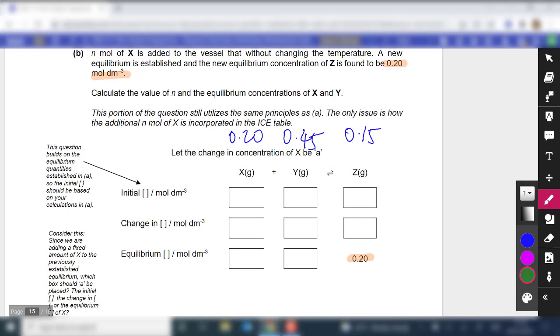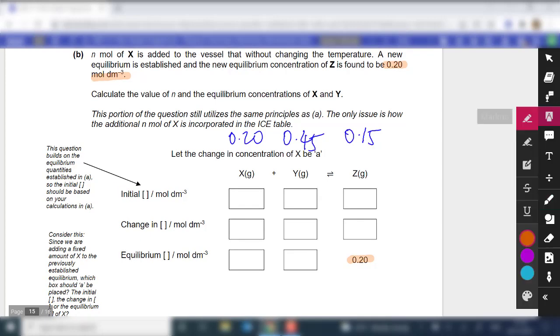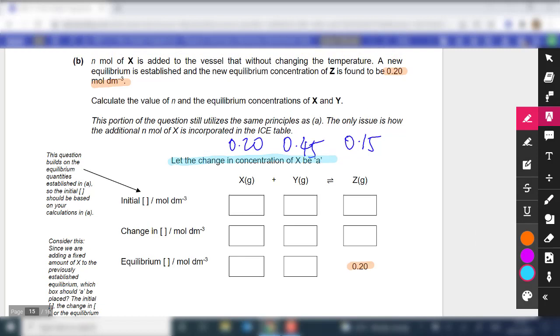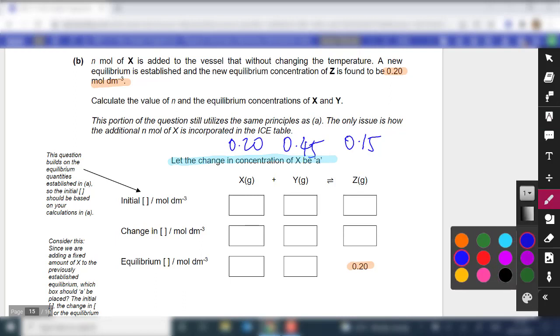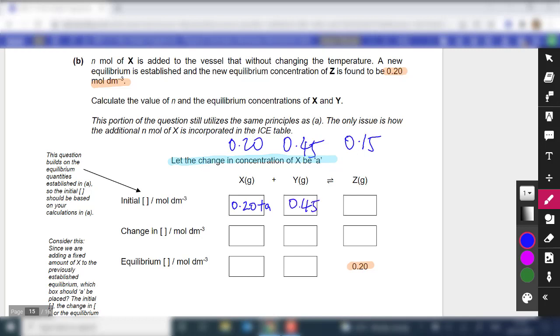Okay, then over here we were told that a certain amount of X was added. So in this case, I think for the purpose of clarity, you were told that let the change in amount of X be A. Okay, so in that case, this would then become 0.20 plus A. And then my Y will become 0.45, and then this will be 0.15.